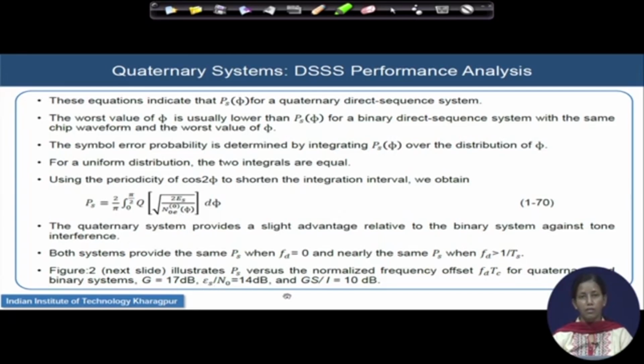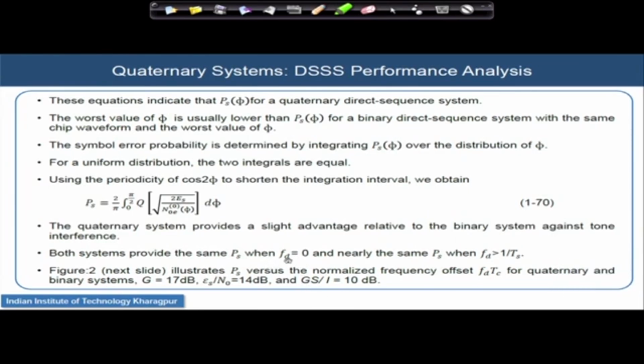The quaternary system gives a slightly more advantage relative to the binary system when the tone interference is present, and we will compare the symbol error probability for the quaternary system as well as the binary system in the next slide.